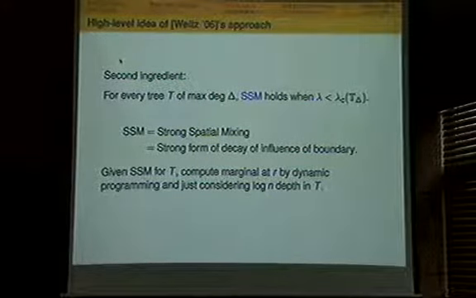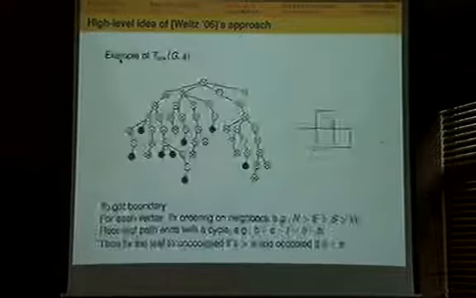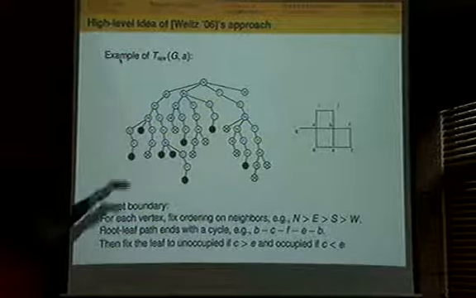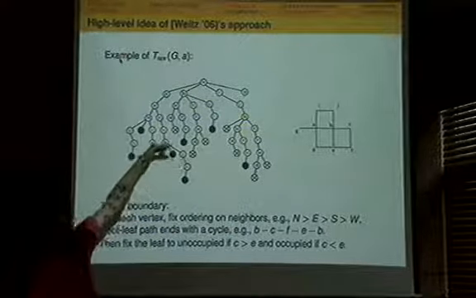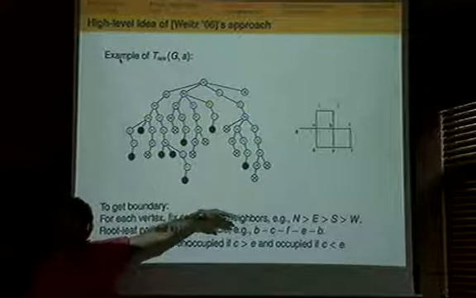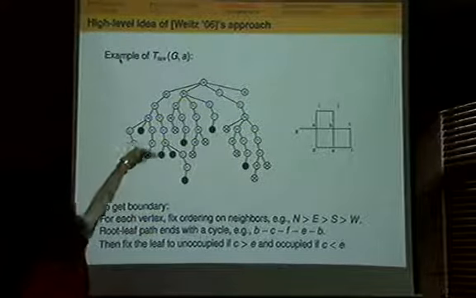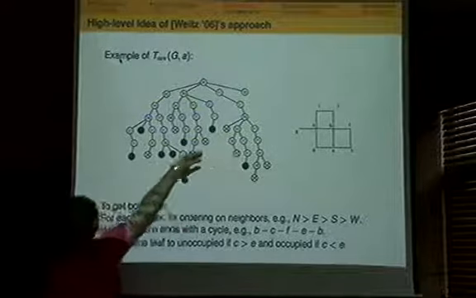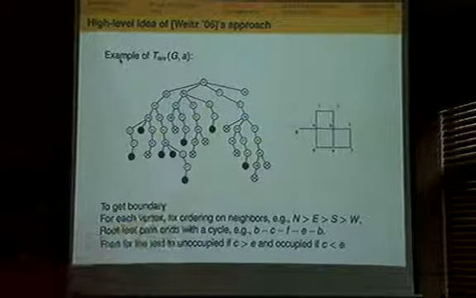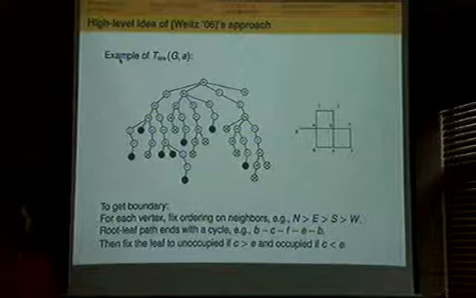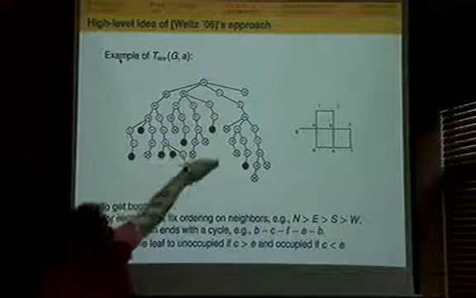What he's going to show is that what I want to do is I want to say on this tree, I don't have to go too far down the tree. Suppose I show that I only have to go down something like log n depth in this tree. Okay? So I only have to go to log n depth.